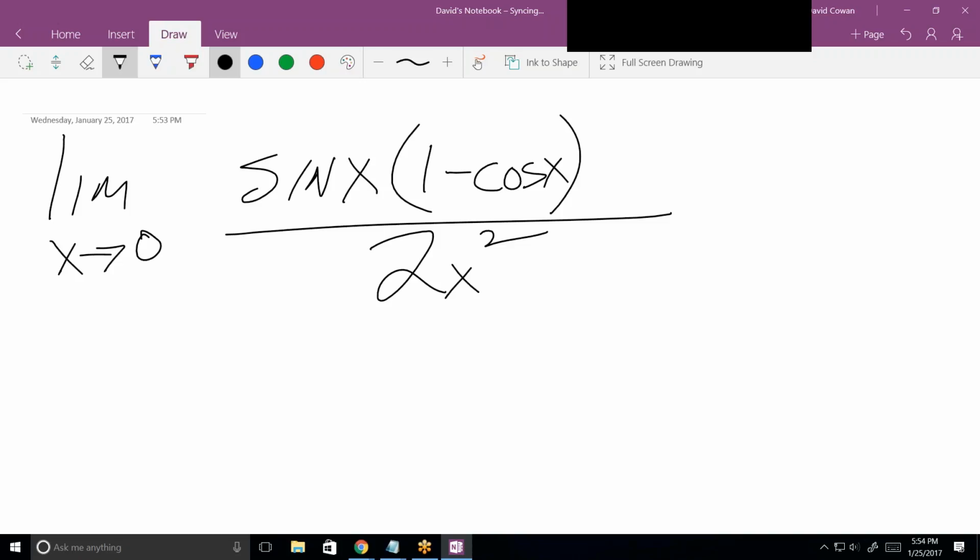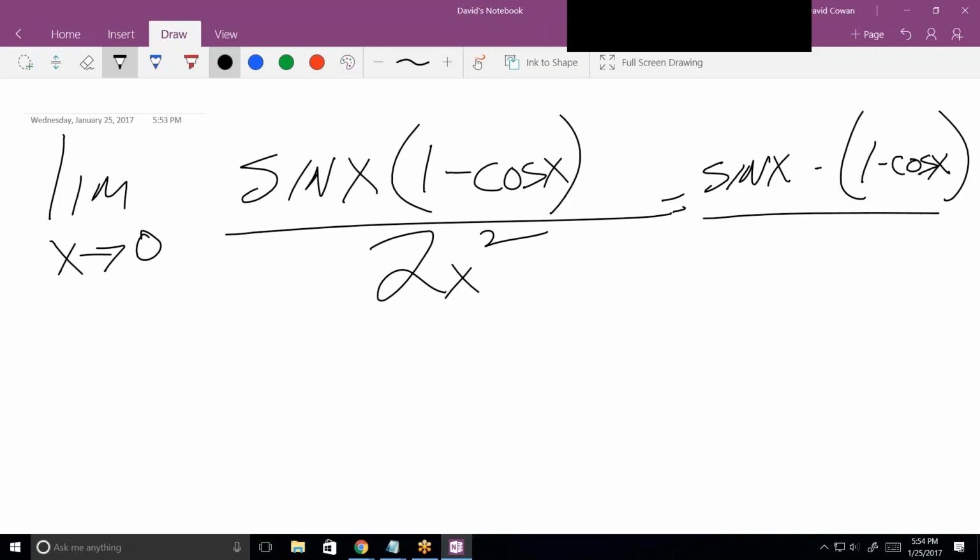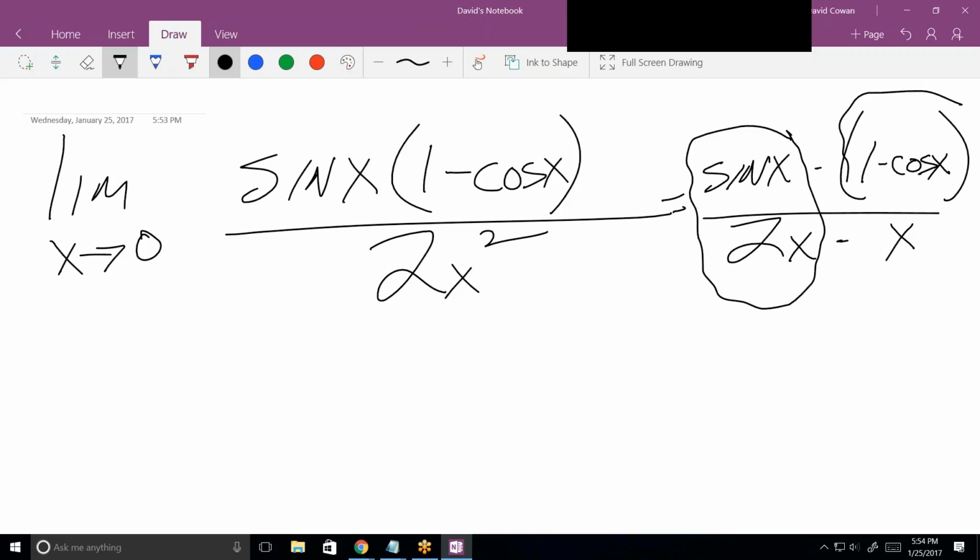In other words, this is the same as sine x times 1 minus cosine x all over 2x times x. Well, I may not immediately know what that does, but I do immediately know what that does. What's that go to? 0. Which means the whole thing goes to what? 0.